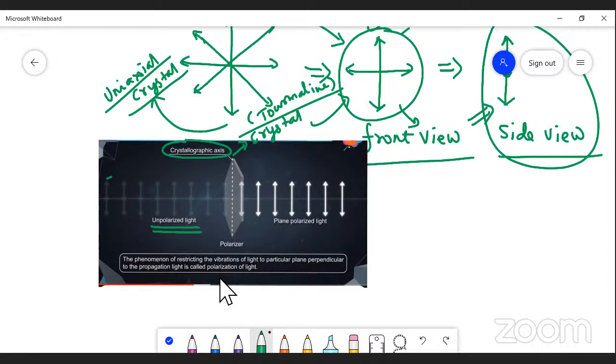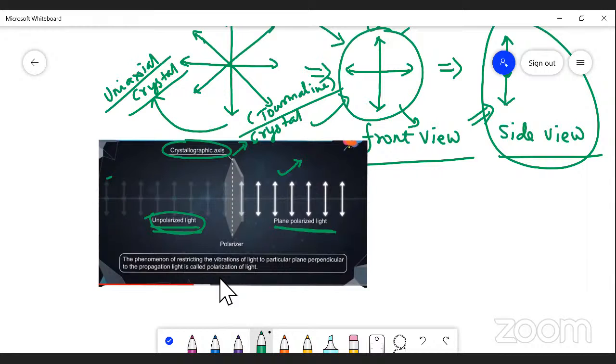Okay, so if the unpolarized light is passed through a uniaxial crystal like tourmaline, the light comes out like this. That means the unpolarized light becomes plane polarized light after passing through a uniaxial crystal. What is the difference in this diagram? The unpolarized light consists of vibrations in all possible directions in a plane, whereas the plane polarized light consists of vibration in only one direction.